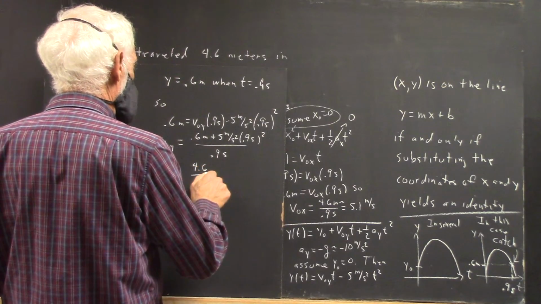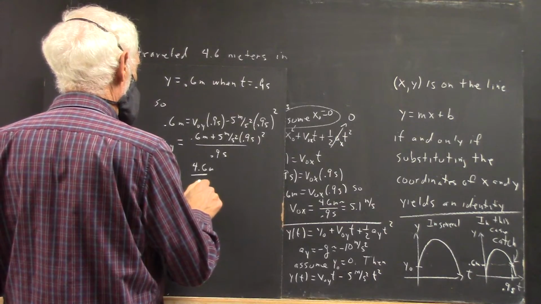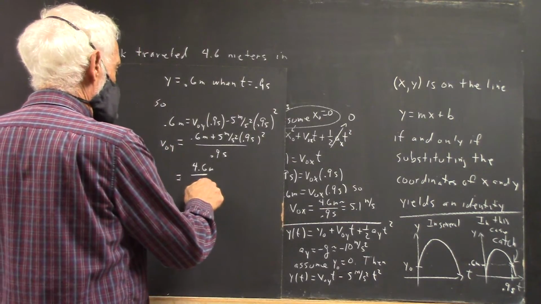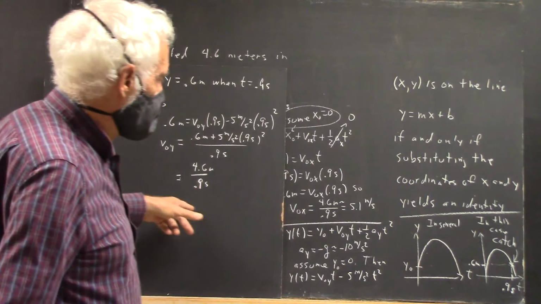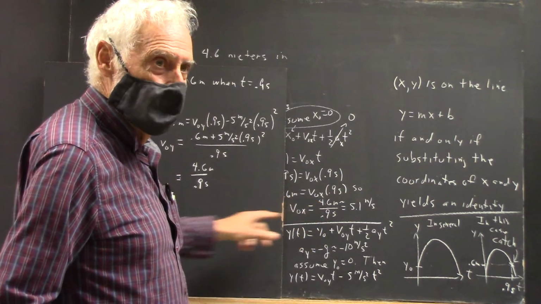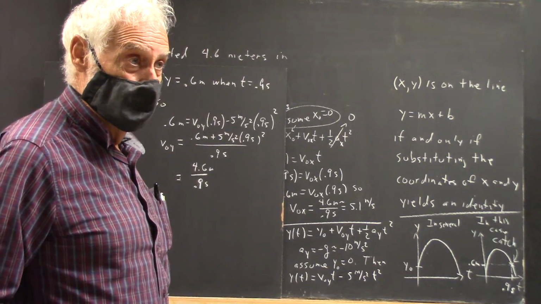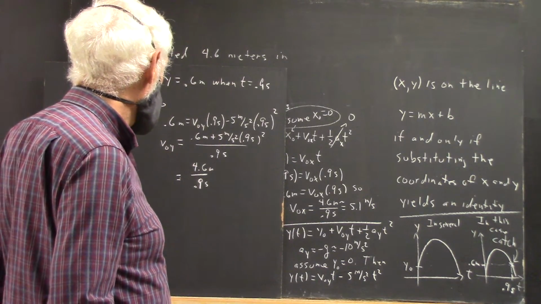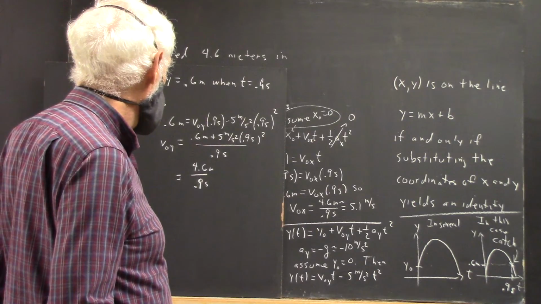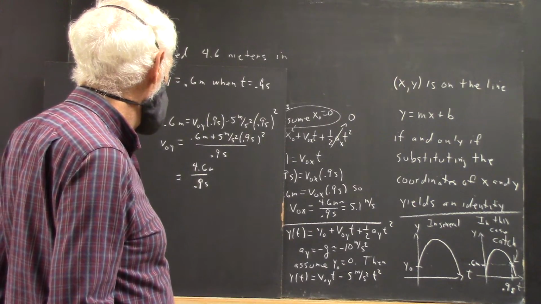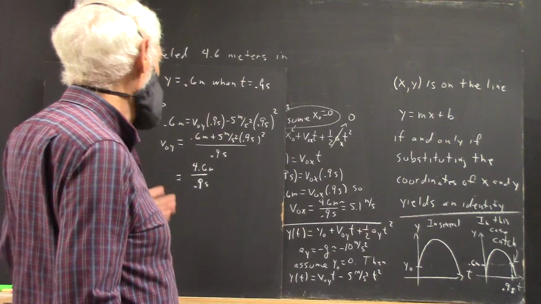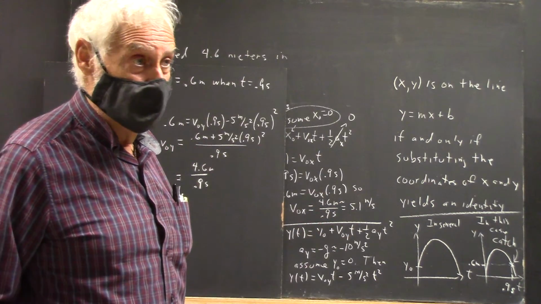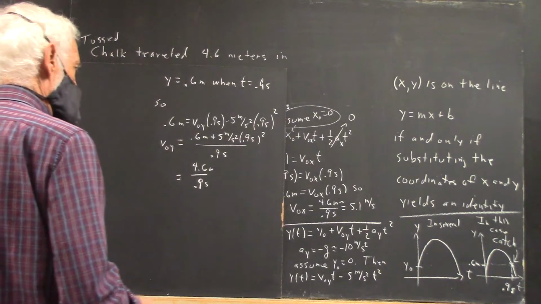This comes out 4.6 meters over 0.9 seconds. That's a big coincidence, so there's no reason this and this should be the same. So that's just the way the estimates coincidentally came out. Got to be something wrong with that, but I don't see it.